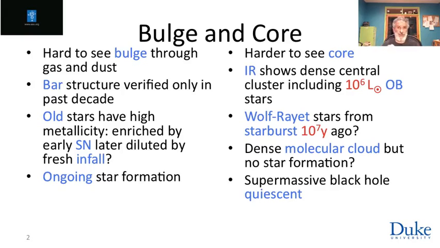There are many puzzles about the goings-on at the center of the galaxy. For example, there is evidence for a very dense molecular cloud, but no ongoing star formation. The conditions are right for star formation, but star formation does not seem to be going on. At the center of it all, of course, sits our 3 or 4 million solar mass black hole in the center of the galaxy.